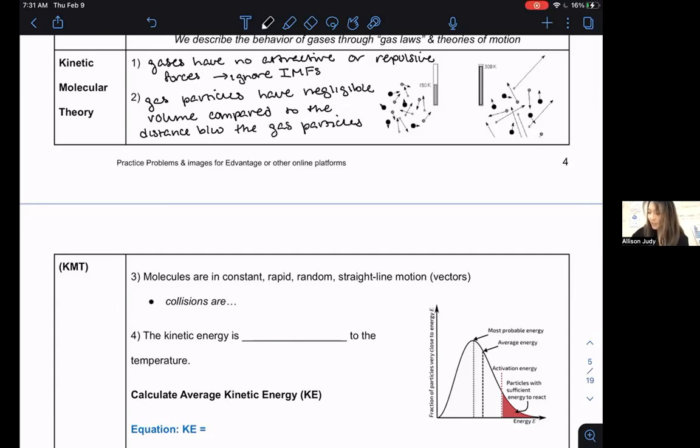So the idea here is that the mass and the volume are essentially negligible. Then the nature of its matter is essentially negligible.